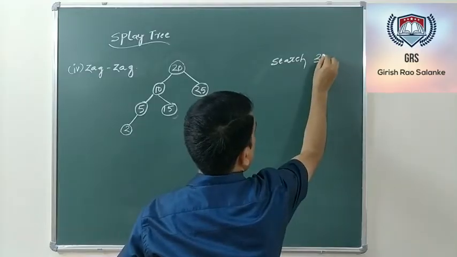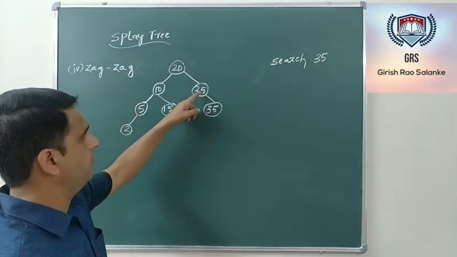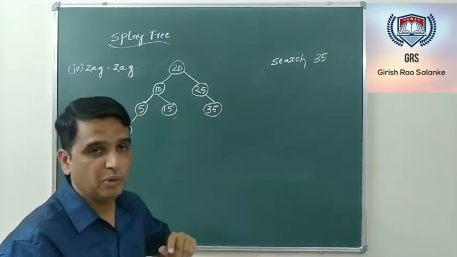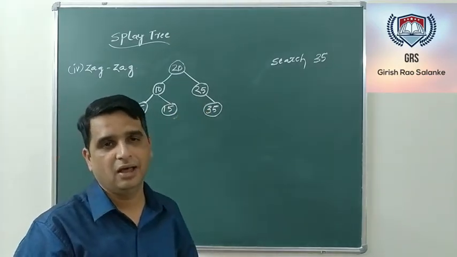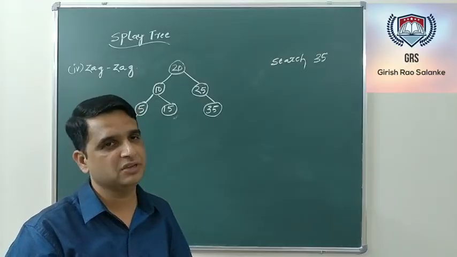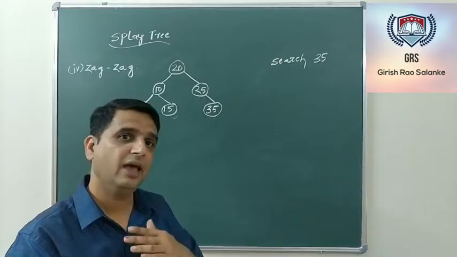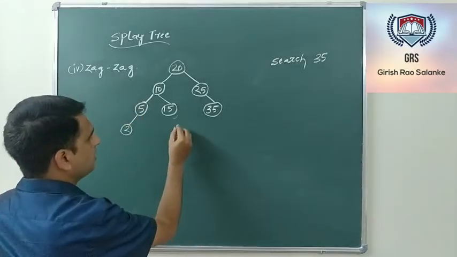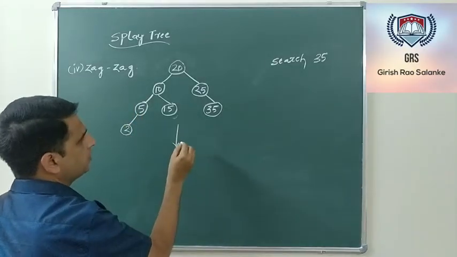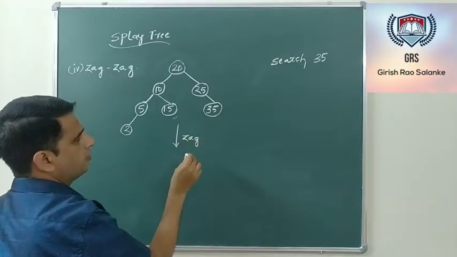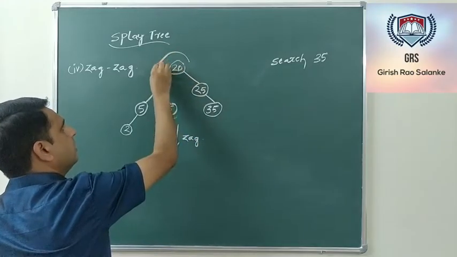Note that 35 has a parent and 35 has a grandparent. Both zig-zig and zag-zag rotations come into picture when the recently accessed node has a grandparent. So in this case, what we are supposed to do, first perform a zag at the grandparent.